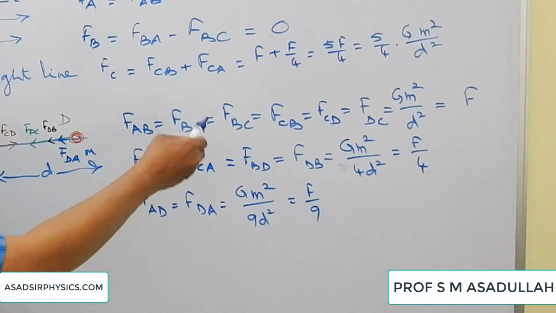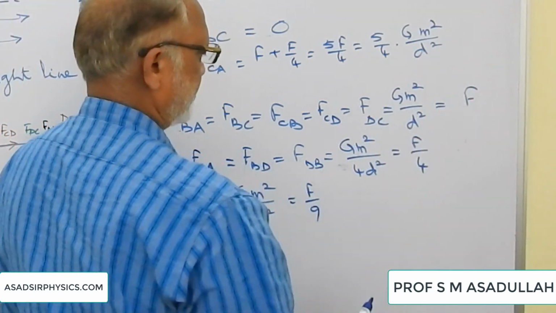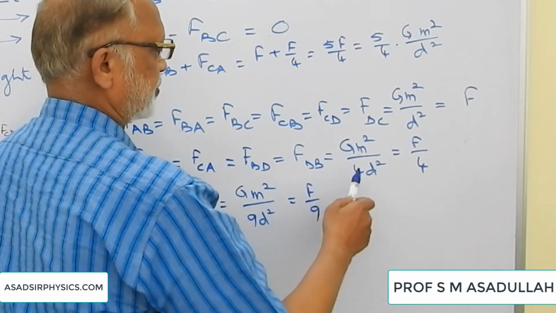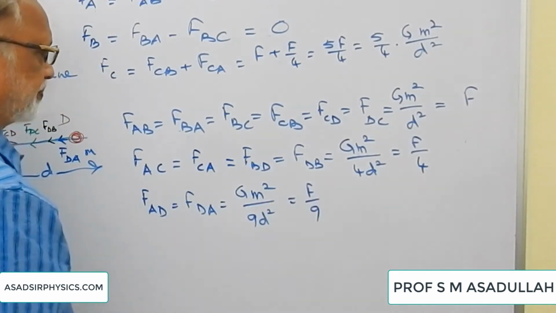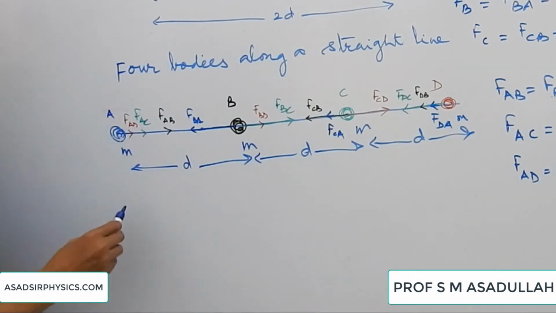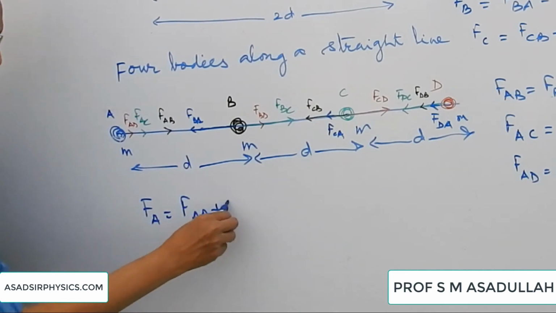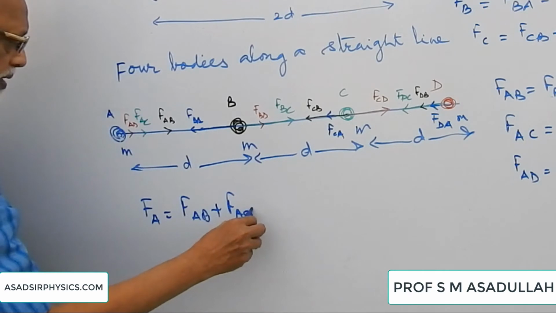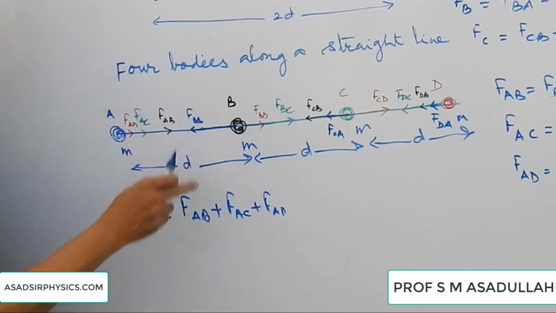Like this, different forces are shown here. If you take G m square by d square as F, then G m square by 4d square is F by 4, G m square by 9d square is F by 9. Now let us consider the resultant force on A. On A, FA is equal to FAB plus FAC plus FAD. Since all of them are in the same direction, we can simply add them.